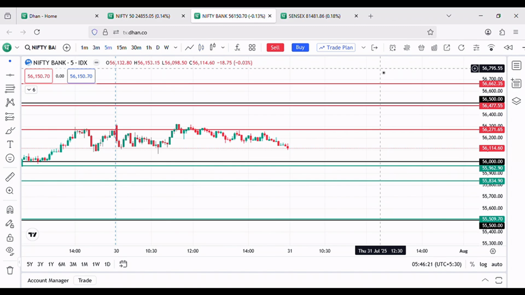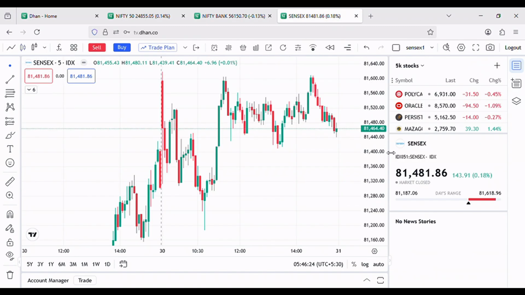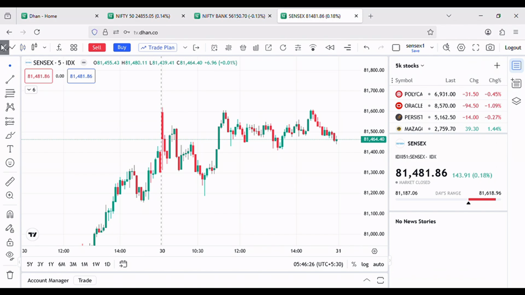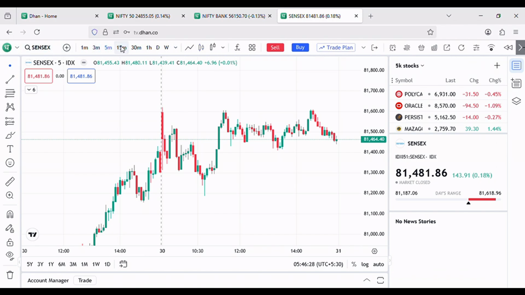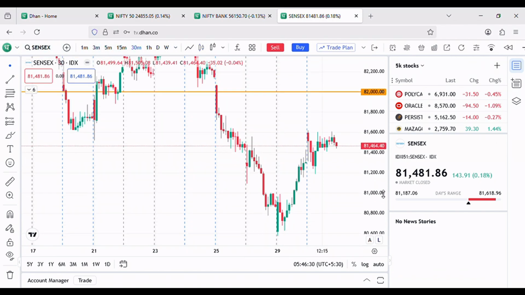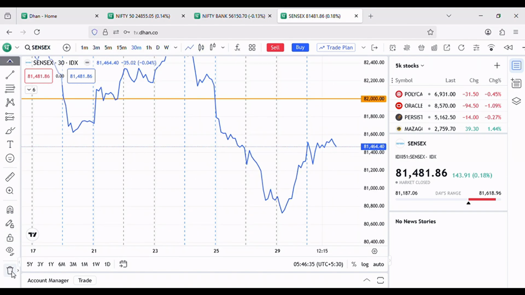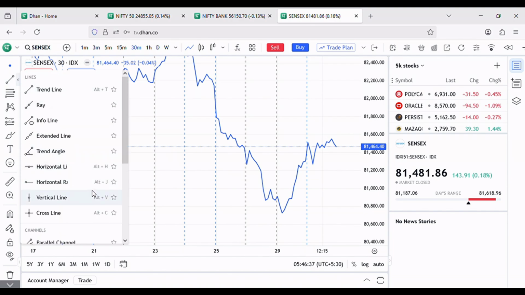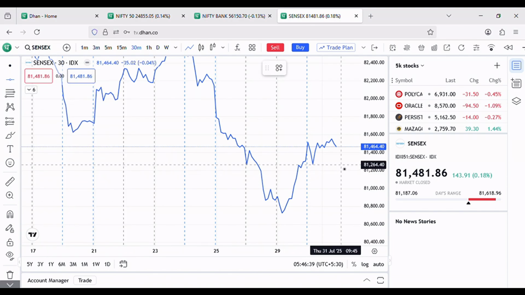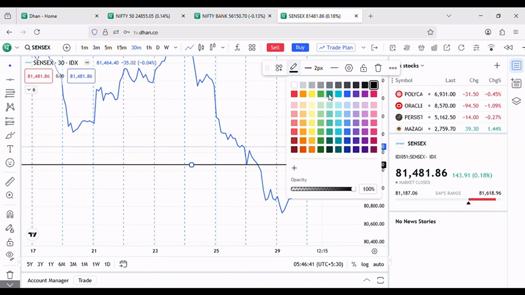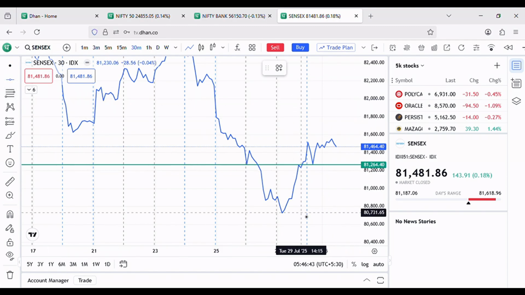Then we can go to Sensex. This is 30 minutes. Can keep this line. This is the first support. For support we can give green color.